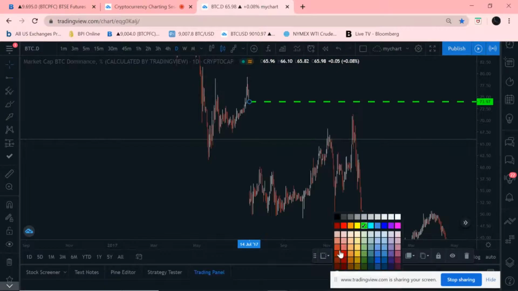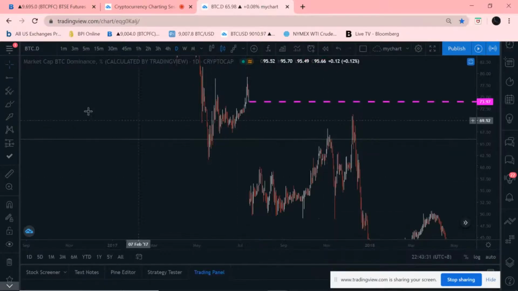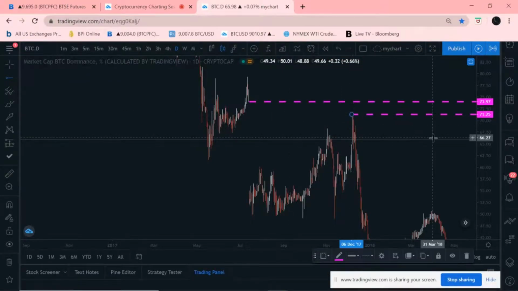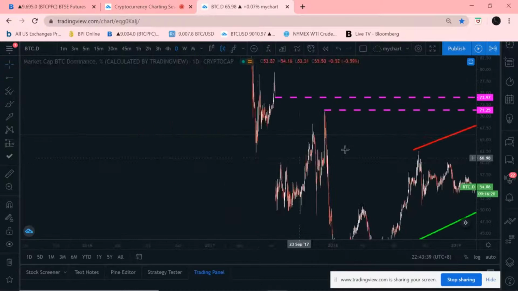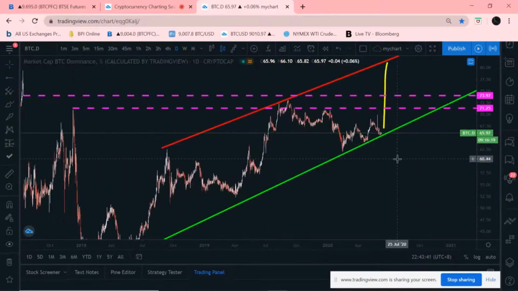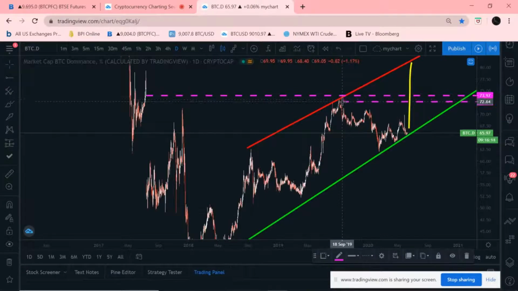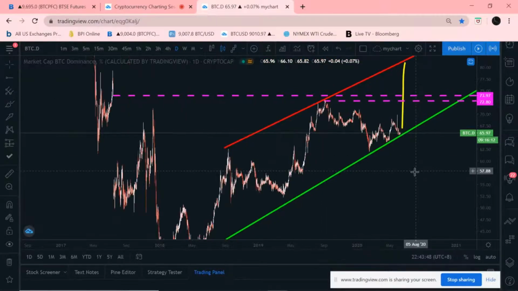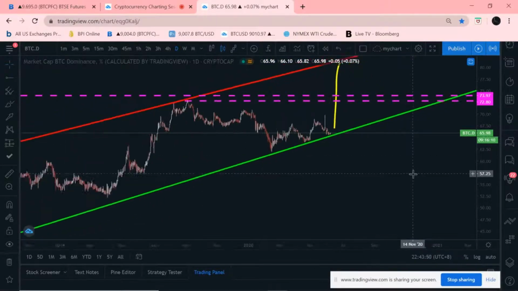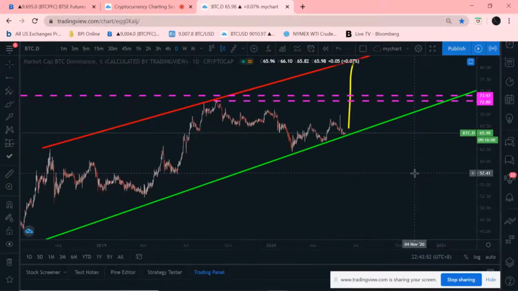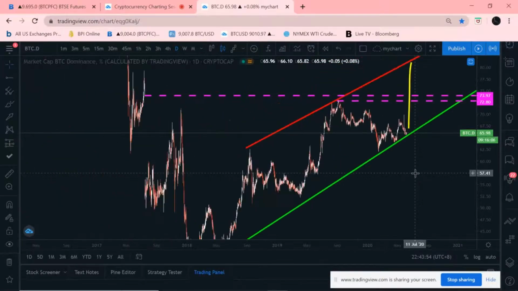So this is the area that is not yet filled. Let's change it to this one and this one, because this is the high. This is the whole gap, because it already went as high as here. So the gap is at the 73 or 74 area.